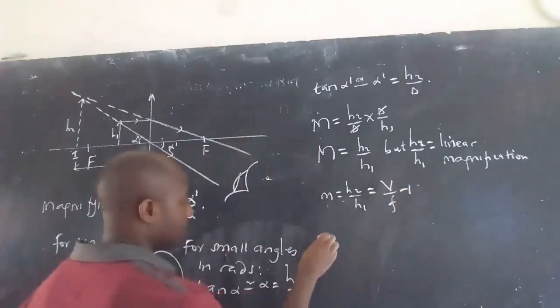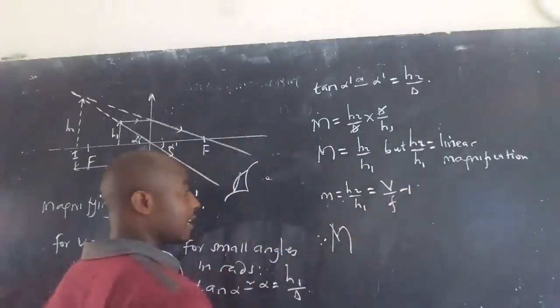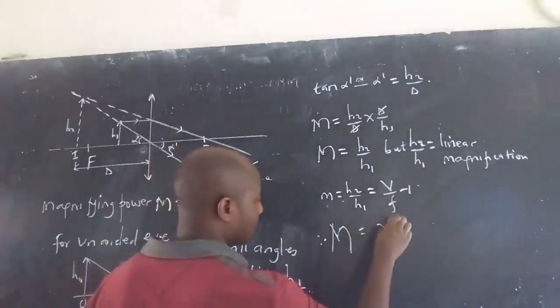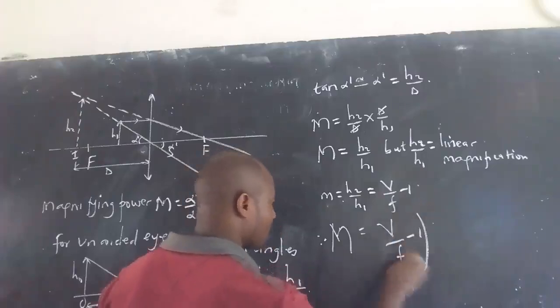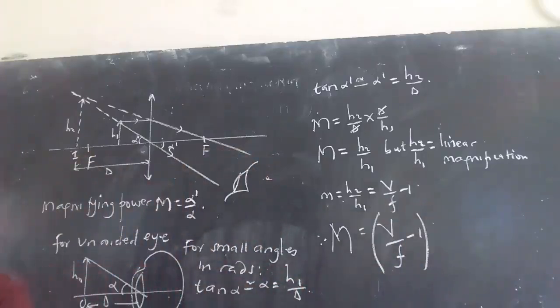So therefore, capital M magnifying power will now become V over F minus 1, in normal adjustment.